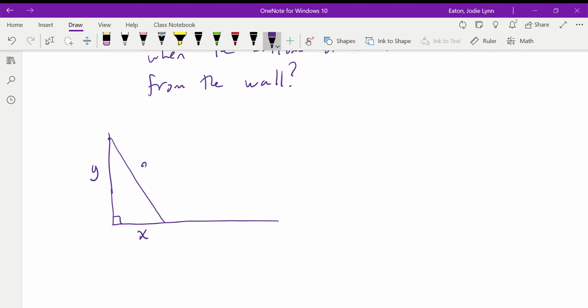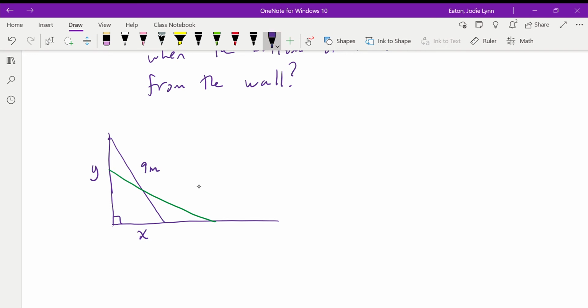And this is a 9-meter ladder. That's going to be a constant. So at some further point, we're going to have a y that's changed because the ladder is sliding down, and an x that's changed. And if we want to know the rate, what we're looking for is dx/dt or dy/dt.